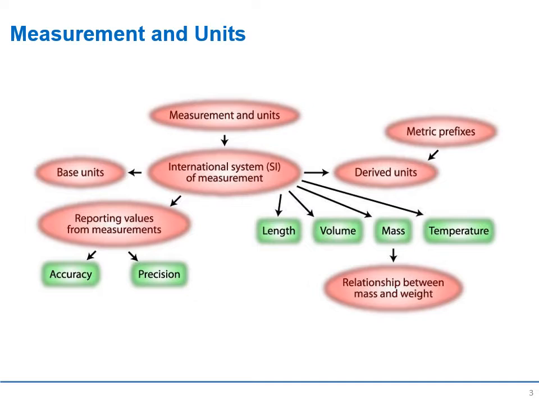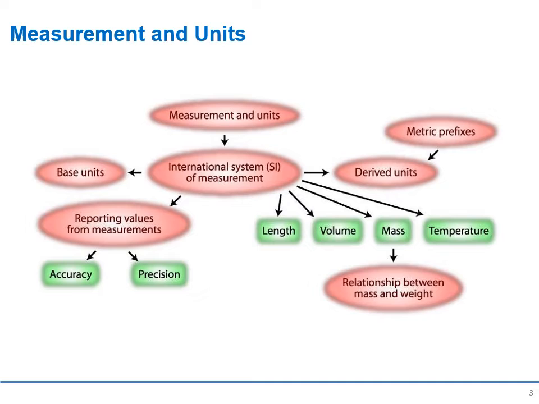Measurement and units. Why do we need measurement and units in our general life? If all people used different units for measurements, then in the whole world we could not check the certainty or the accuracy of the measurements.